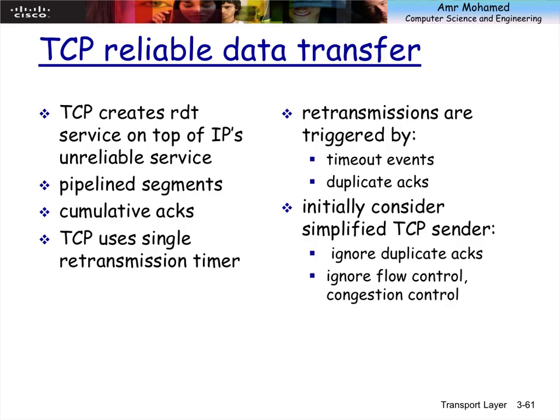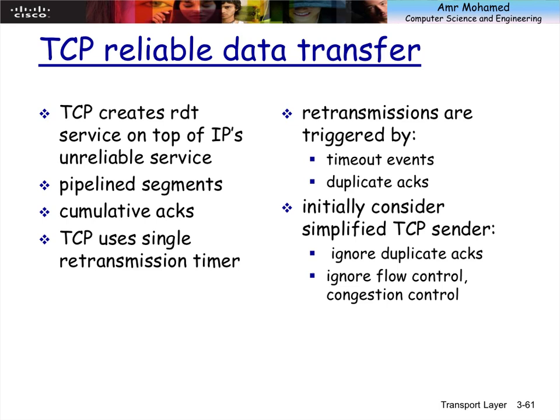We talked about this last time. For the entire window, we use only one timer, right? And that's efficient. But what was the problem with one timer per window? Remember, when a packet gets lost, we retransmit the entire window. We're not going to do this here.